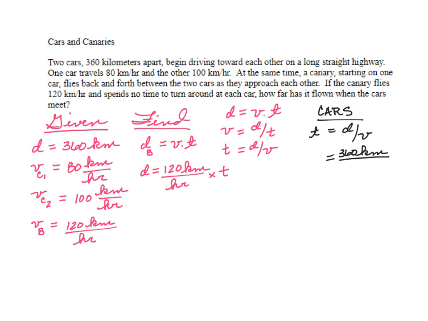So one goes 80 kilometers east, the other one goes 100 kilometers west. They're now 180 kilometers closer than they were at the beginning of that hour. So that means that I can combine the two velocities to use for my time calculation. So I'm going to use 180 kilometers per hour for my velocity.